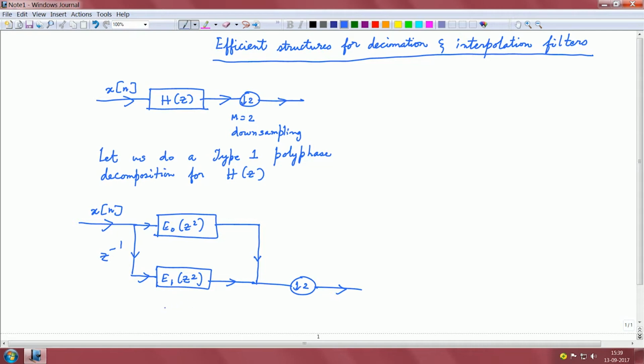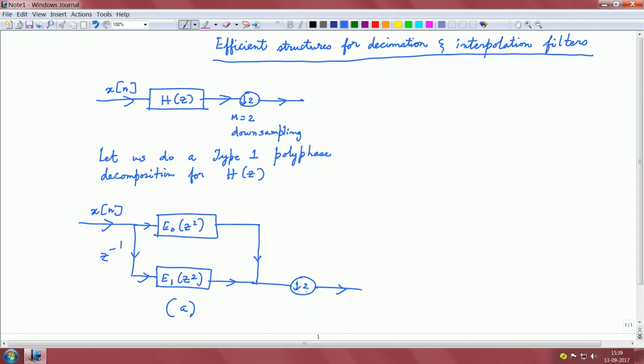This is the normal architecture. I mean, at least we have done one important step of simplification, that is we have decomposed the filter into a type 1 polyphase decomposition. Now, this structure is still not giving insights to us, because now we are computing something through this equivalent polyphase representation, but we are still throwing away some samples, right.